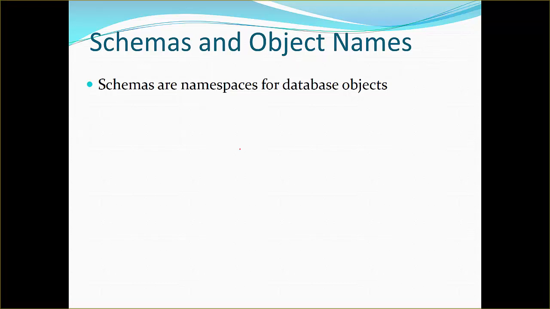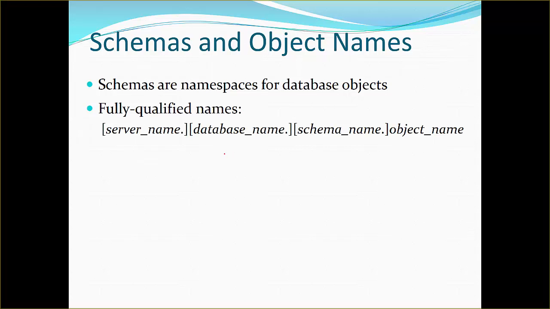So think about a schema as that space where you keep objects that are related to each other. So we say that schemas are namespaces. The word namespace just refers to an area or a container or a bucket where you can keep things that are related to each other. So just have that concept in your mind whenever you hear about schemas. Okay, and then we talked about fully qualified name, which you already know.